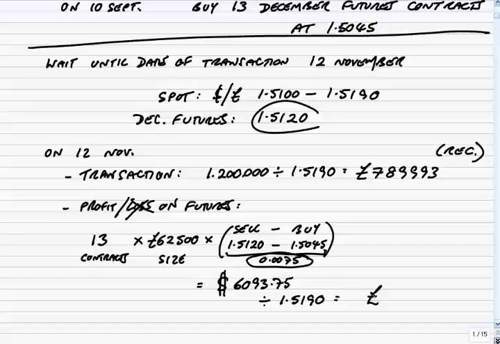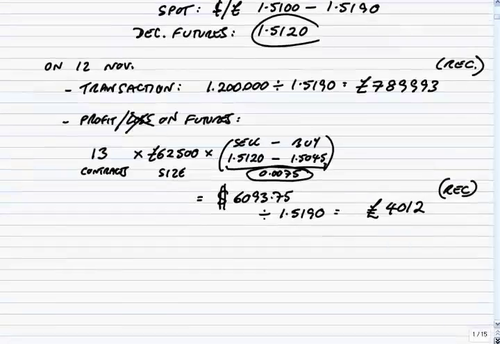And therefore, the pound profit, 6093.75, divided by 1.519 to convert, it's 4,012. And again, it's a receipt because we made a profit. And so what's the overall effect?